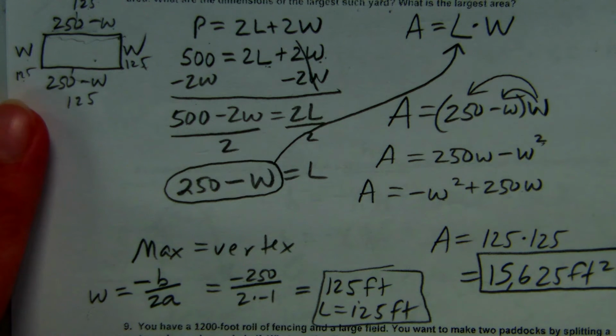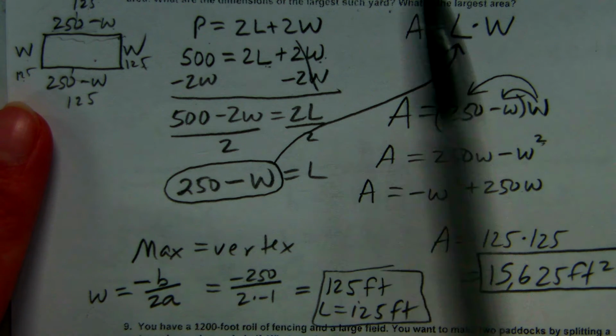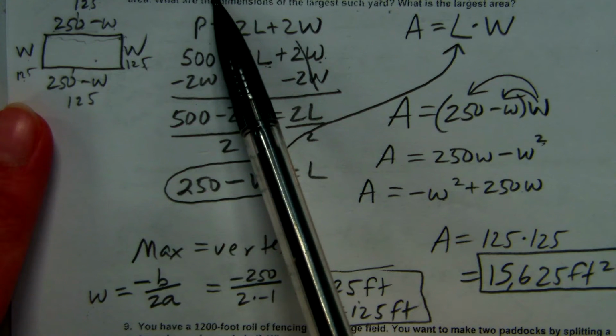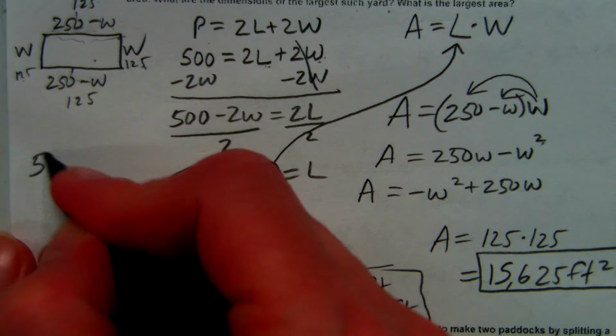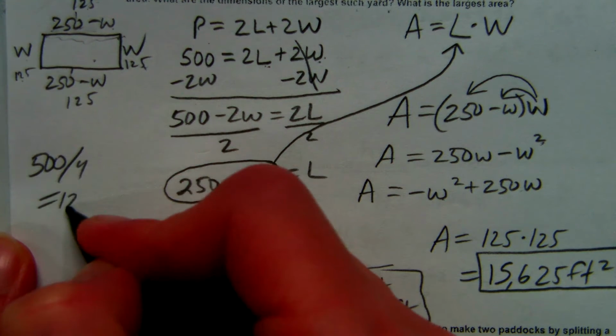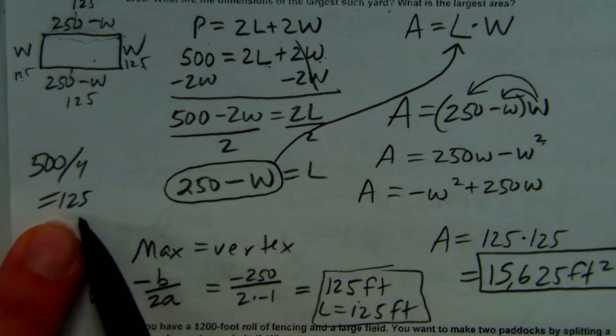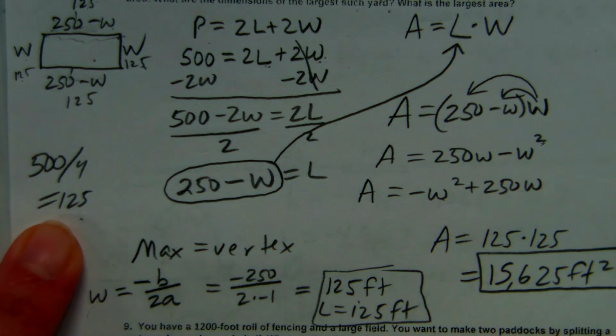Now, if this were the PSAT, which is coming up, and you knew that it's always going to be a square, how can we make this problem simpler? Just find the width. So 500 divided by 4 also gives me 125 for all the sides. But we didn't know that, we didn't remember that from before.